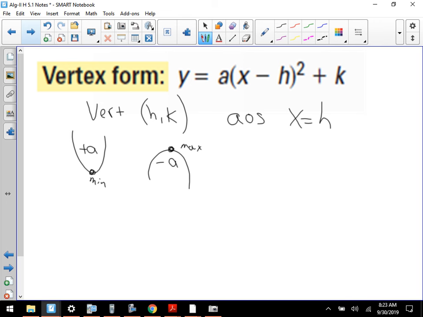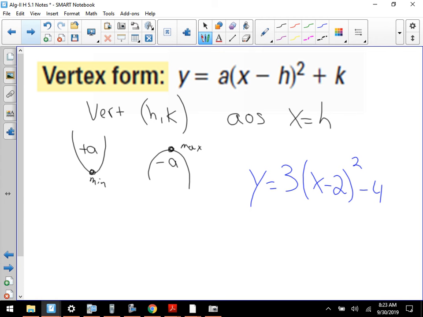For example, let's say we have y equals 3 times the quantity x minus 2, squared, minus 4. Since this is not in standard form, this is written in vertex form.